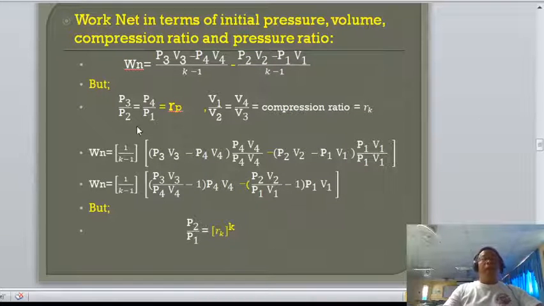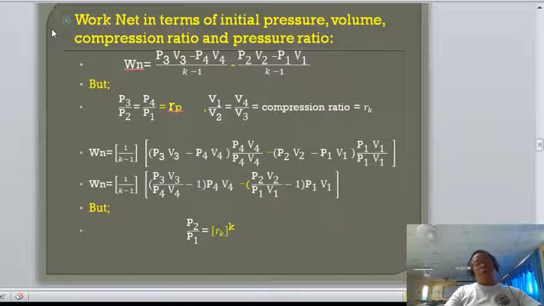So, let us now proceed to the net work in terms of the initial pressure, volume, compression ratio, and pressure ratio. So, knowing that the net work is the difference between the heat added and the heat rejected.